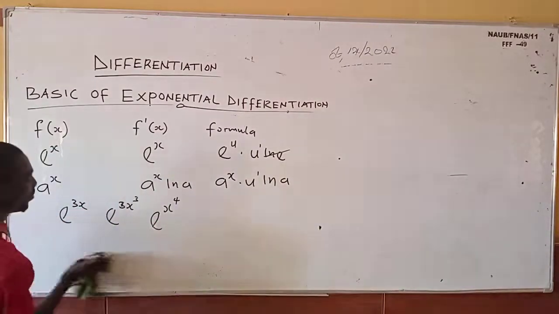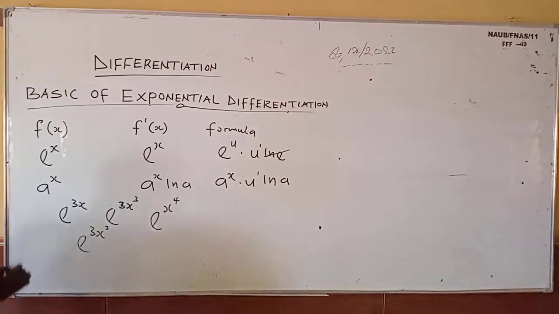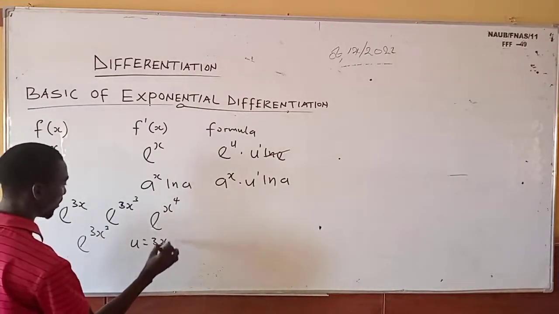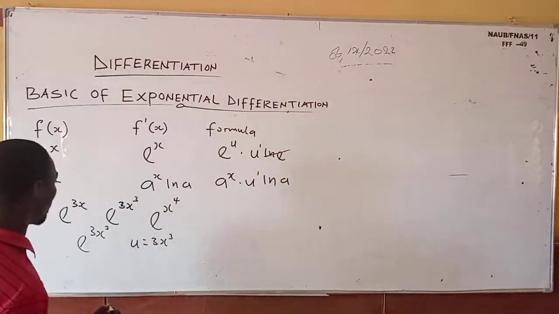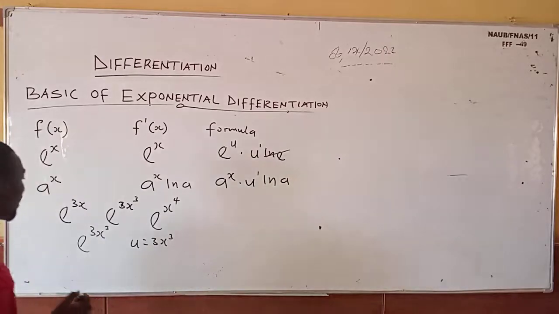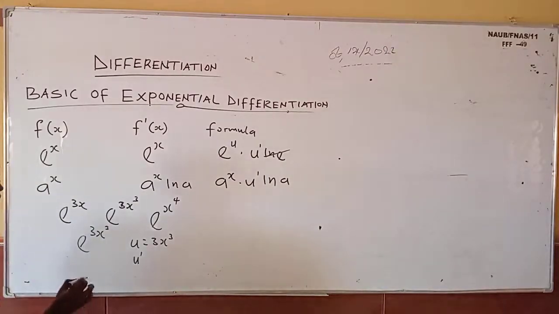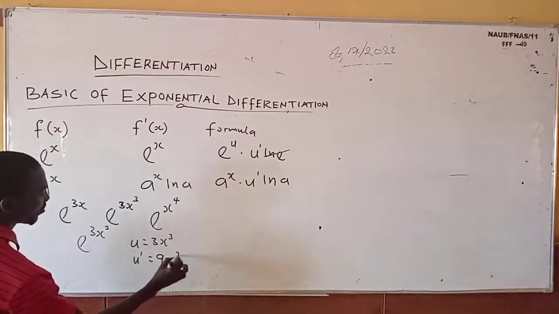So let's solve exponential 3s cubed. We say u will be equal to 3s cubed. If we differentiate u with respect to s, we are going to have 3 times 3, which is 9s squared.